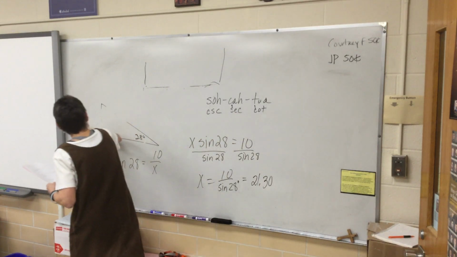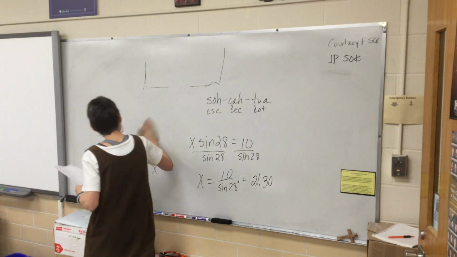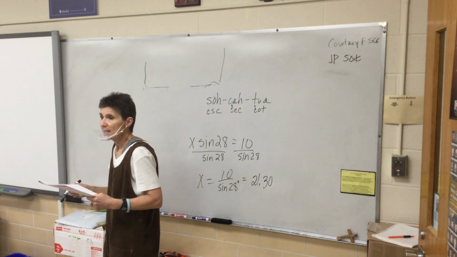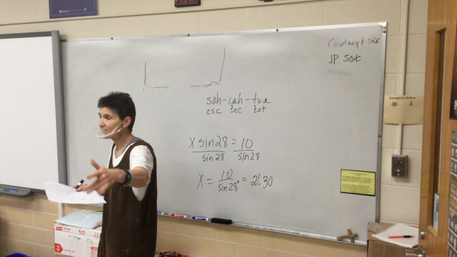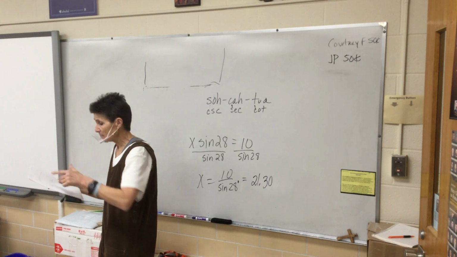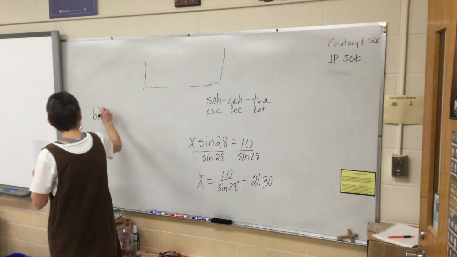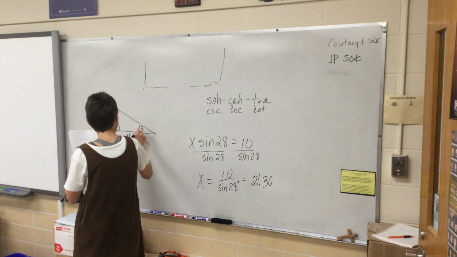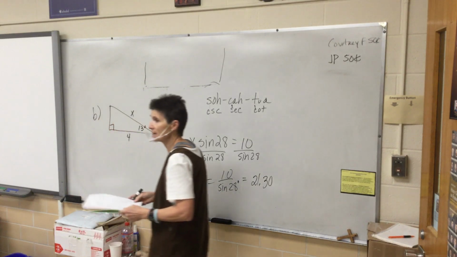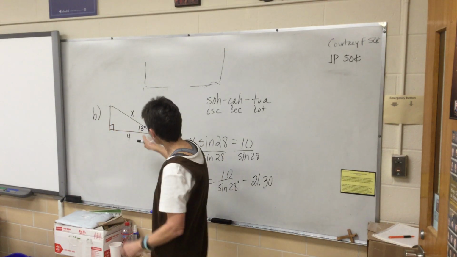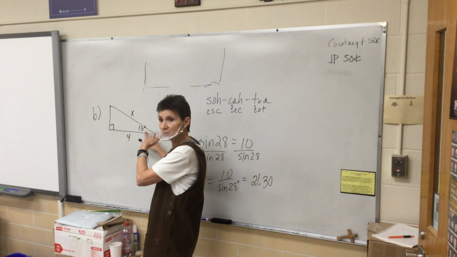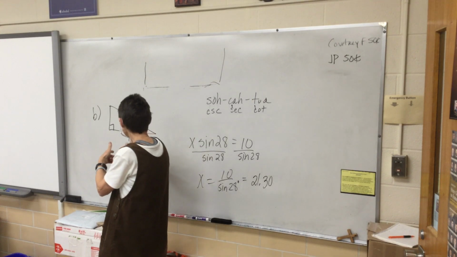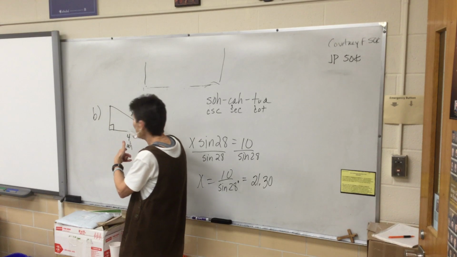All right, next let's look at B. Cosine. Okay, listen, you guys. Jaden is actually paying attention, and he has already figured out that question B is going to be a cosine problem. I need all of you to recognize that, because with regard to the angle, this is the adjacent, and this, of course, is the hypotenuse.